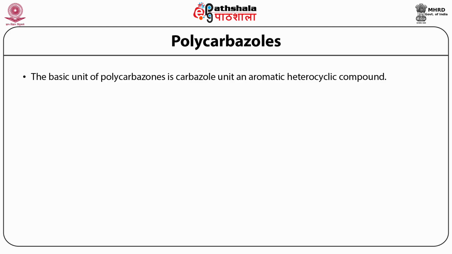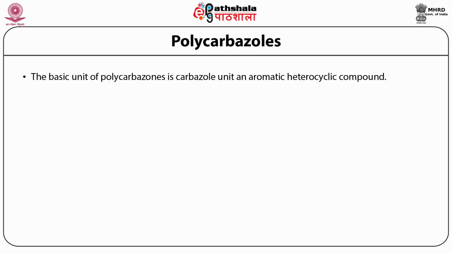These substitutions allow the tailoring of its optical and electrical properties as well as its stability. Also, the bridged biphenyl unit in the structure leads to a lower band gap.